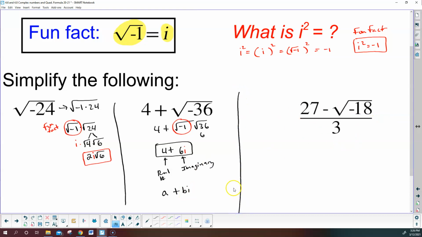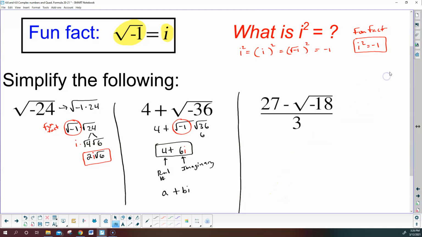All right, what if I have a problem like this? This doesn't look fun at all, right? We've got division. Well, there's a couple ways to think of this. What I'm going to do first is split up the square root of -18. Think of this as side work, right? We're going to split this up as the square root of -1 times the square root of 18.